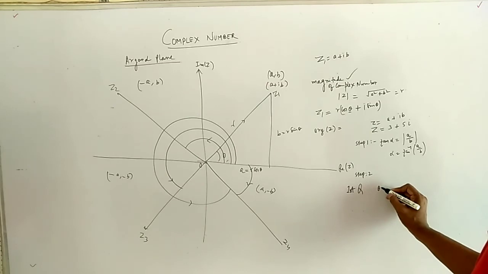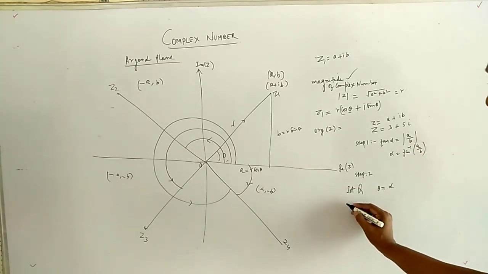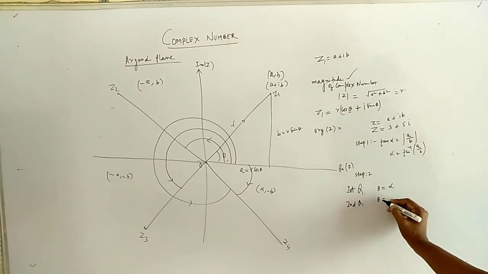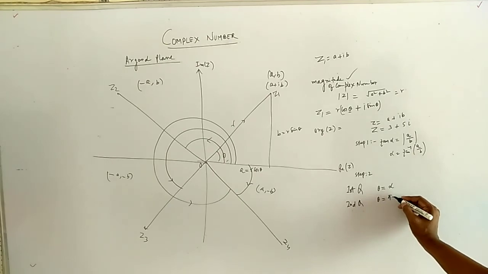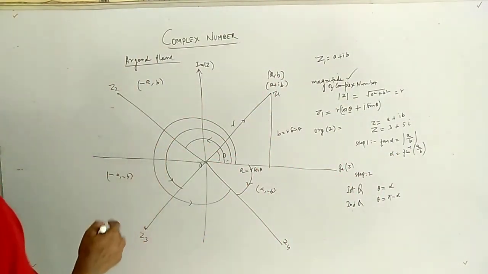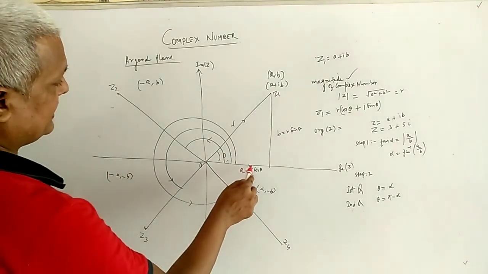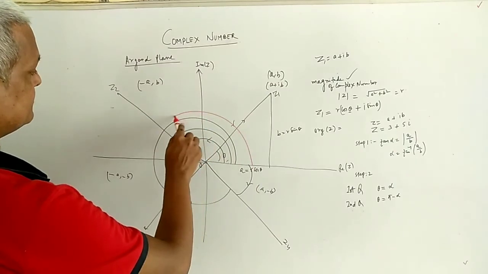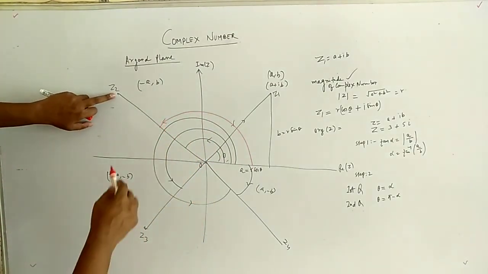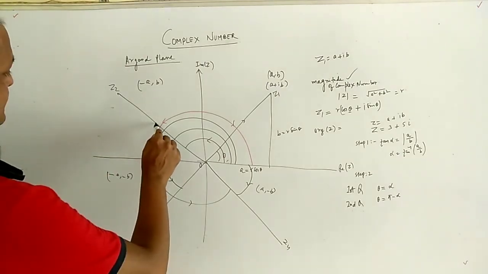then your argument theta will be just alpha, whatever it was. When it is in the second quadrant, your theta will be pi minus alpha. Suppose my complex number is here, so my theta is this, but using the mod value, this becomes my alpha.